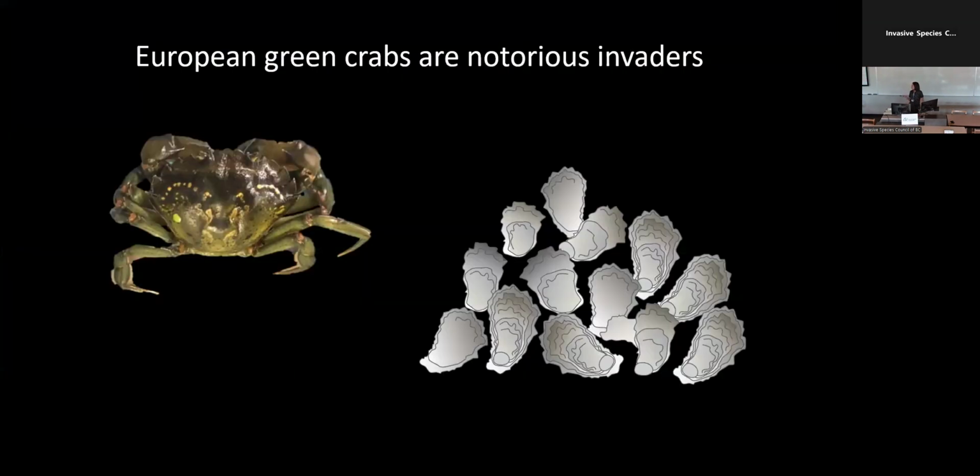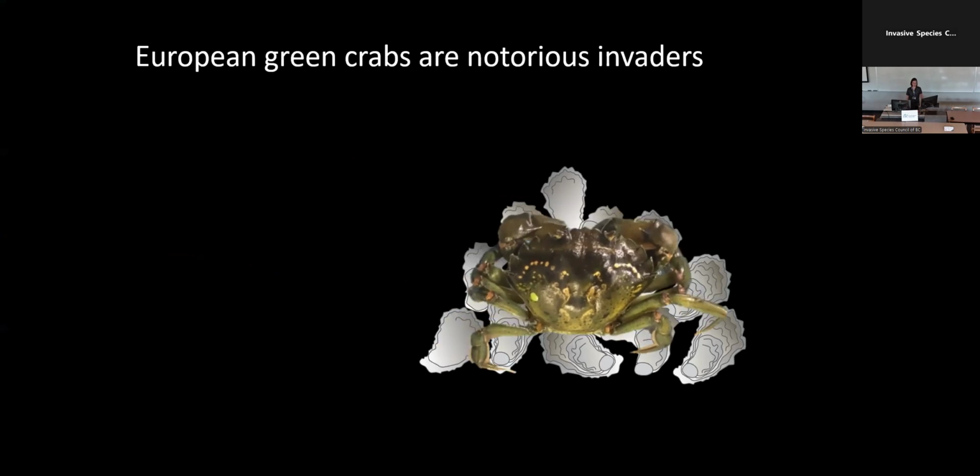So the invasive green crab is an invader so notorious, I would bet money that everyone in this room and online has heard about them at least in the last 24 hours. As Steph Green mentioned in her wonderful keynote talk yesterday, green crabs have the capacity to consume large quantities of prey.